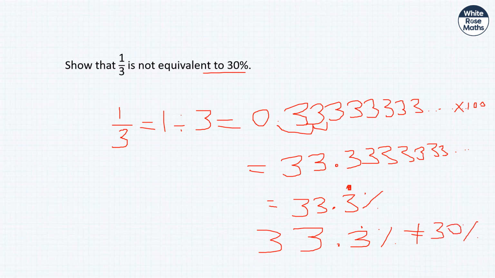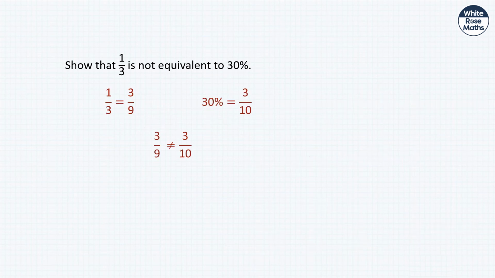Or conversely, I could have said, well, 30% is equal to 3/10, and 3/10 does not equal 1/3, if you compare the size of it. So there is the answer for that one, using my other method, or the latter method.